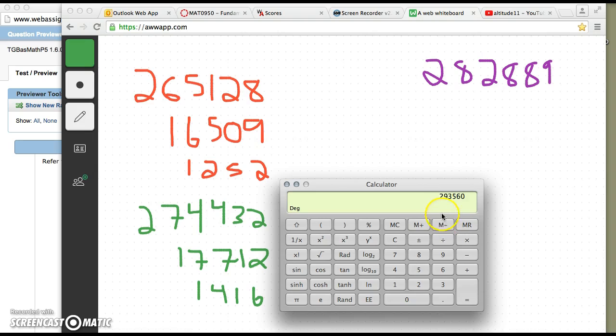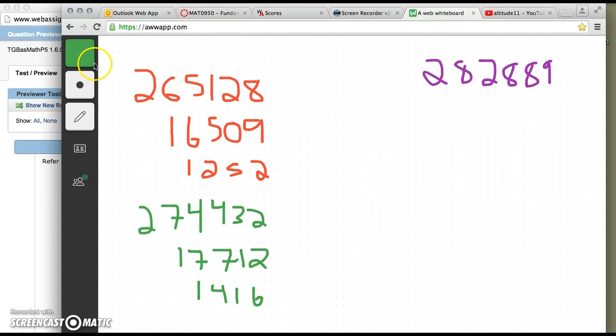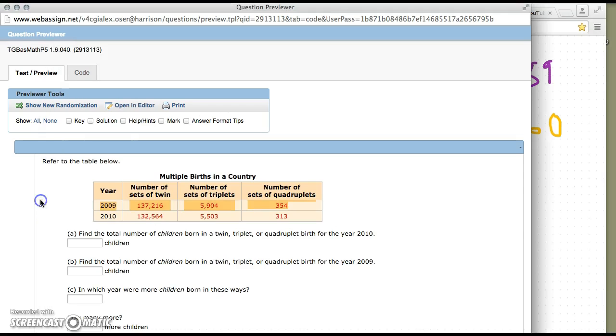And that gives us 293,560. Sorry, that 2 is a little messy there. That would be our answer for part B.